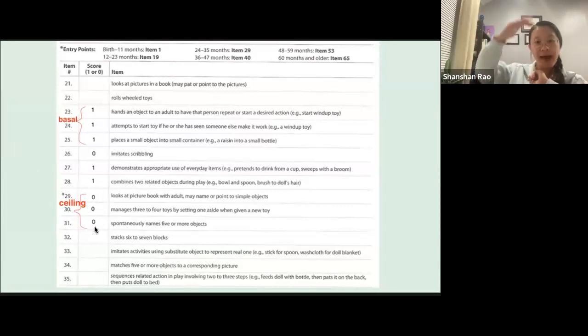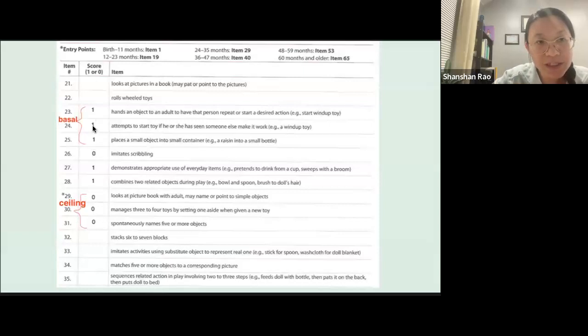And then we're going to go back to find the basal of his skill. You're going to go back and test if he can perform the skill, and you're going to write down 1 for him. In this case, we're going to stop when a student reaches 3 ones in a row. So right here we have 3 ones and we stop testing because that's his basal.